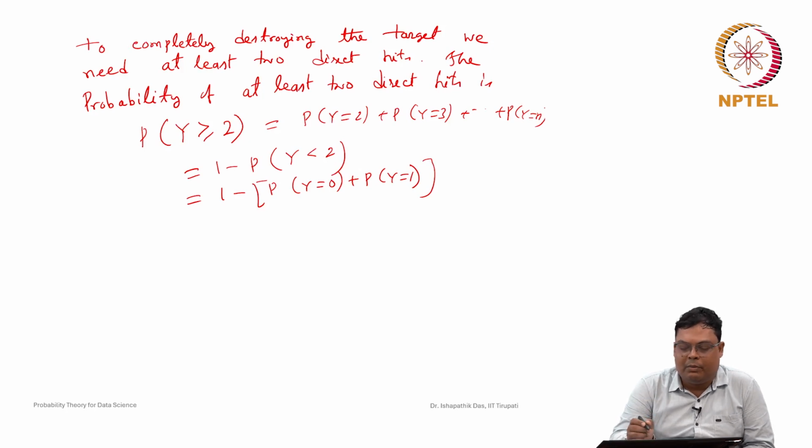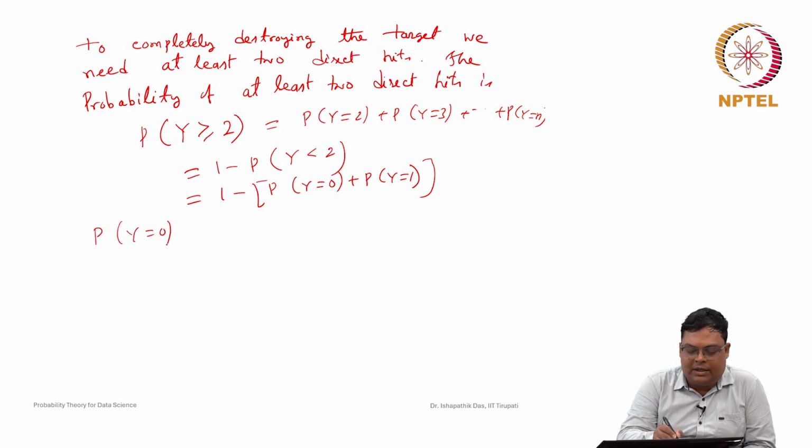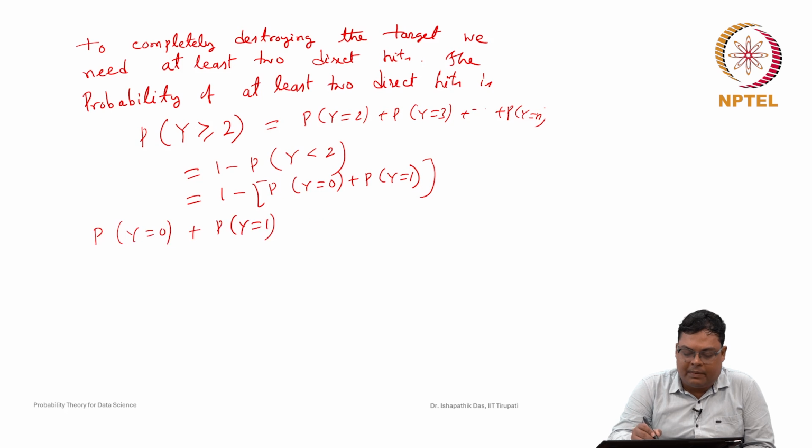So, let us find out this probability first, the probability that Y is equal to 0 plus the probability that Y is equal to 1. Now how can we find this? The probability of Y equal to 0 we find from this expression nCy.